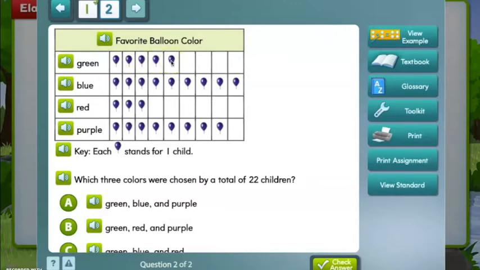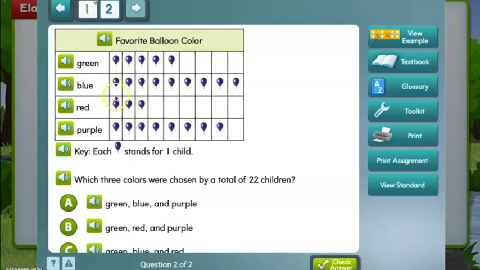And then we'll count all the blues. 6, 7, 8, 9, 10, 11, 12, 13, 14. And then red, 15, 16, 17. So that couldn't work because we've already counted three colors and we fell short of 22 children.